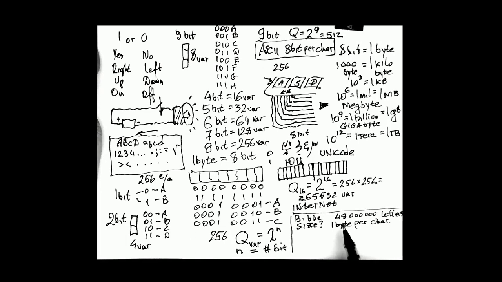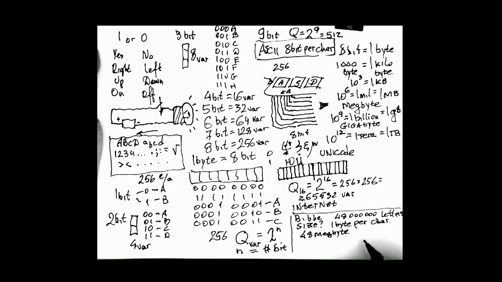So it's 48 million bytes. As 1 million is 1 megabyte, 48 million will be 48 megabytes. Folks, that is a pretty small file, because your flash drive could be a few terabytes now.